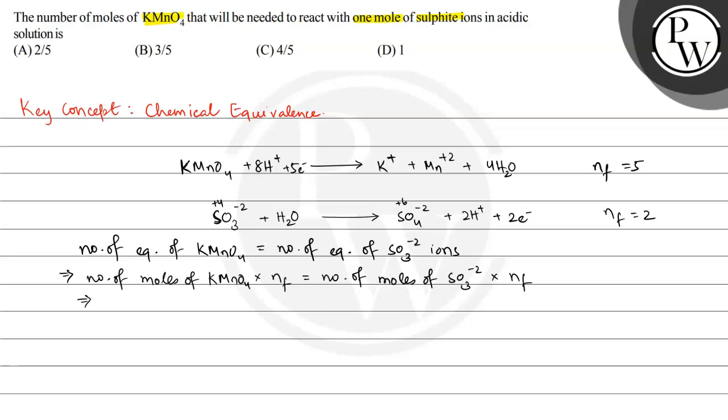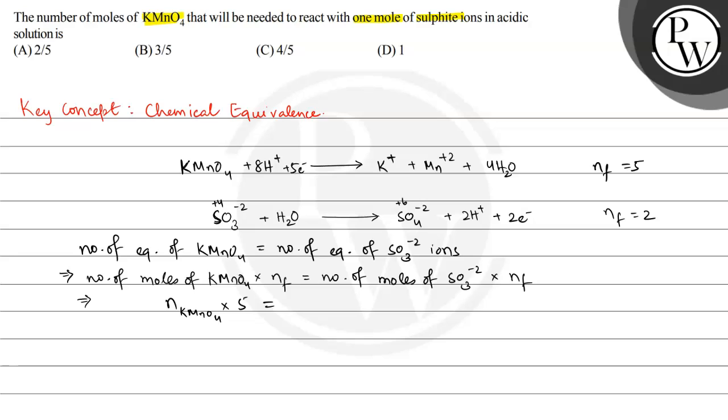So number of moles of KMnO4 हमें find out करना है. So let it be n of KMnO4 multiplied by NF. So KMnO4 के लिए NF 5 है multiplied by 5. That is equal to number of moles of SO3 minus 2 ions. Question में दिया गया है that 1 mole of sulfite ions in acidic solution.